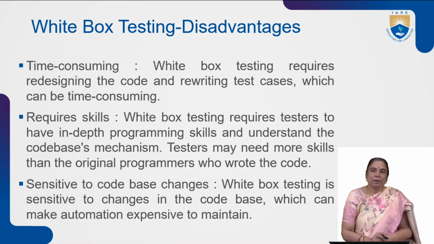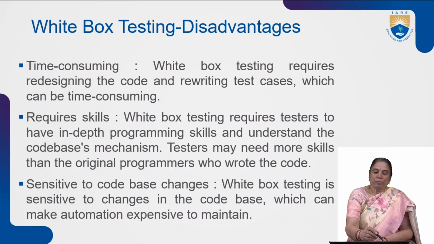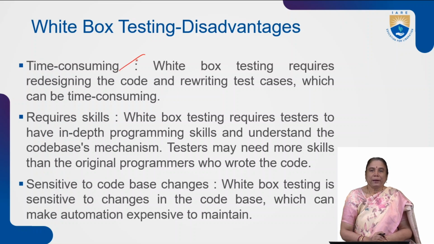Now the disadvantages of white box testing. The major disadvantage is that it is time consuming. Each and every independent path, conditional path, and looping path is covered, and entire code coverage is concentrated on in white box testing. So, the process is time consuming and it requires skills.